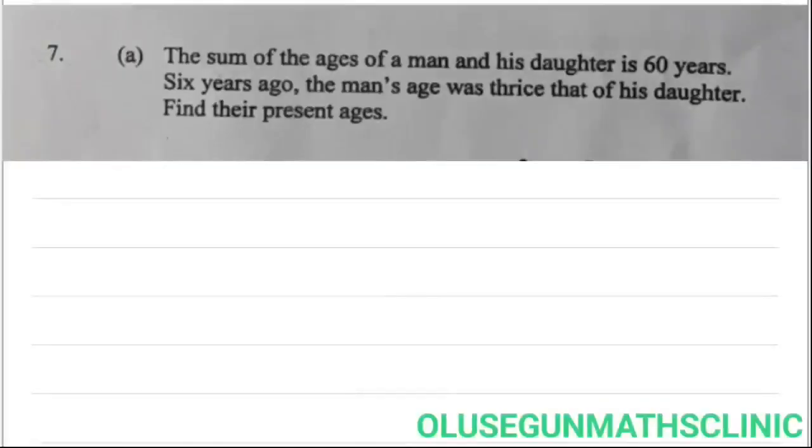This is question 7A. The sum of the ages of a man and his daughter is 60 years. 6 years ago, the man's age was twice that of his daughter. Find their present age.